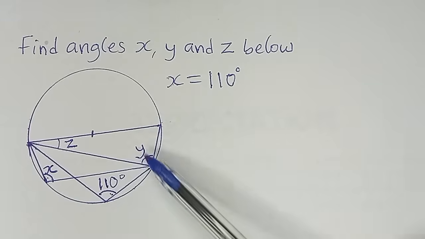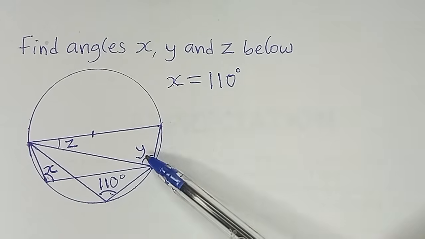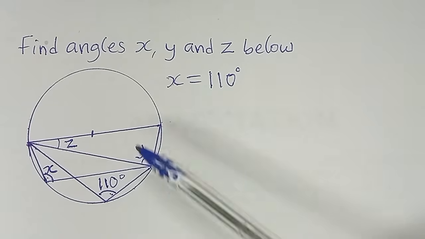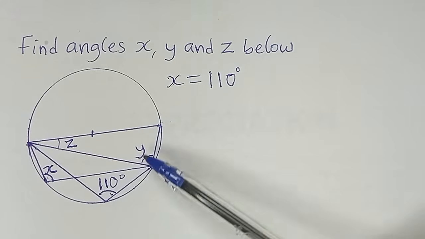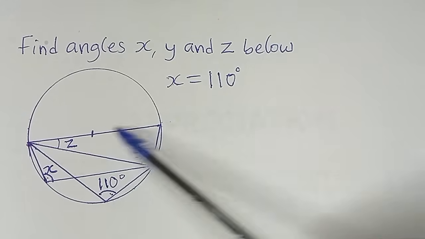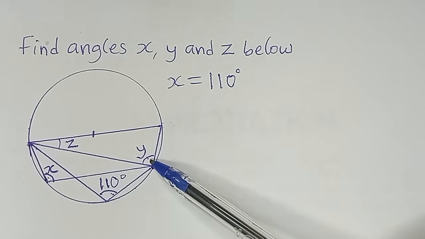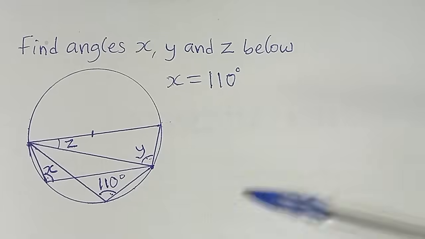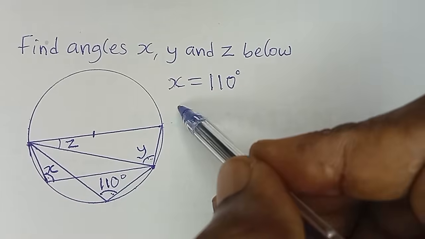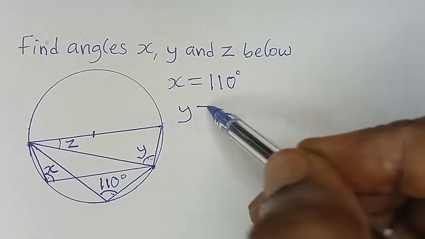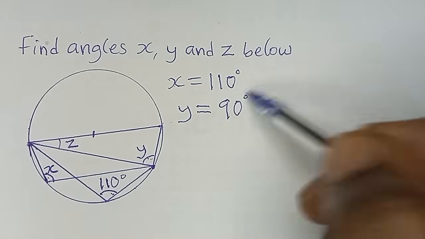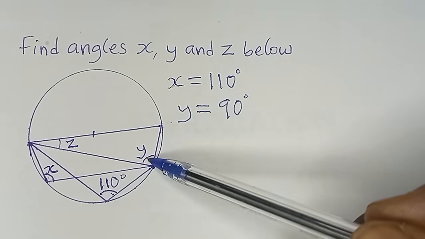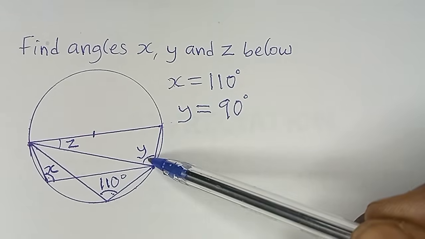In a situation like that, the theorem that should come to your mind is Thales' theorem, that says angle in a semicircle is a right angle. So right angle means 90 degrees. That means angle Y is 90 degrees.